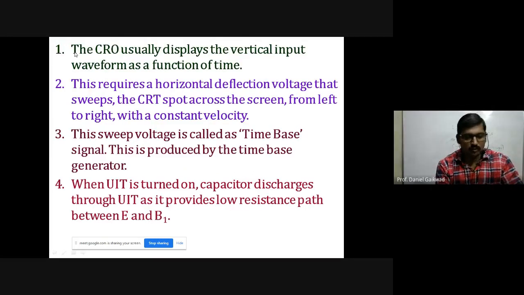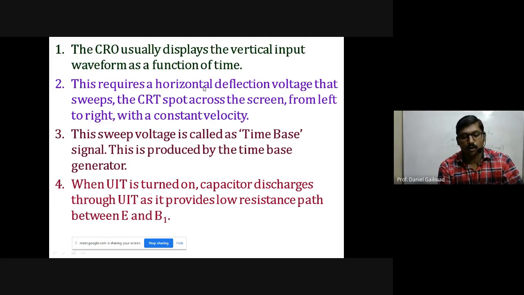Okay, so what we have given: the CRO usually displays the vertical input waveform as a function of time. So what does the CRO display here? Vertical input waveform means the input is given to the vertical, so that acts as the vertical input, and that input waveform is shown as a function of time. The x-axis is always taken as time here, and accordingly the waveform will be observed.